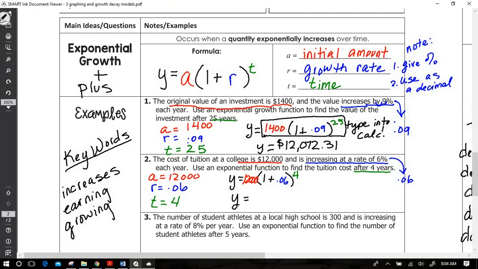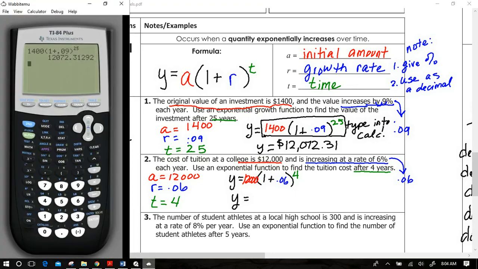All right, and so now I'm going to go back to my calculator, and I'm going to clear this out, and I'm just going to type my new problem. 12,000 parenthesis. Now, if you want to do mental math, you could do the 1 plus 0.06 in your head.